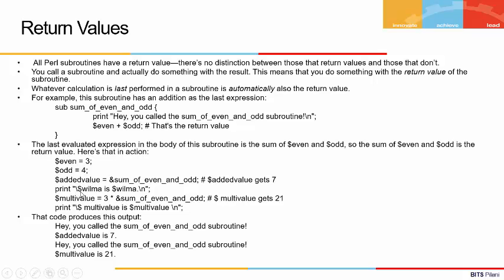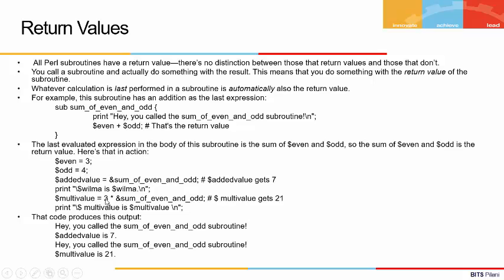Here, for example, you have multi-value. What is the multi-value? Now you are multiplying the added value by 3. For example, the sum, with even and odd values as 3 and 4, gives a return value of 7.